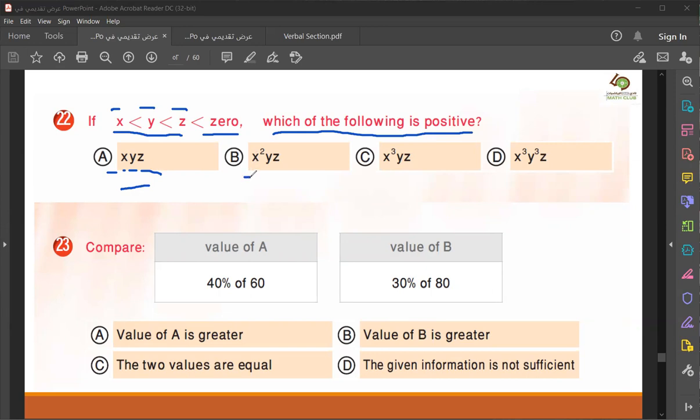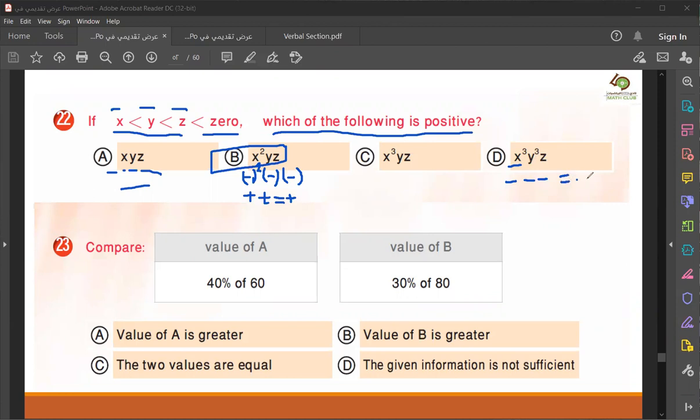And here when you put negative square, and y is negative, z is negative, negative square is positive, and negative times negative is positive, then the answer is positive. So the answer is B, right? Not D, Khalid, because x cube will be negative, y cube will be negative, z will be negative.